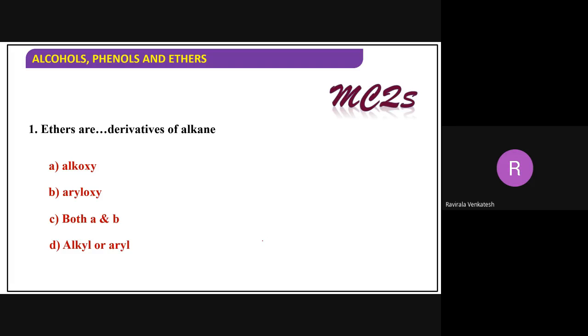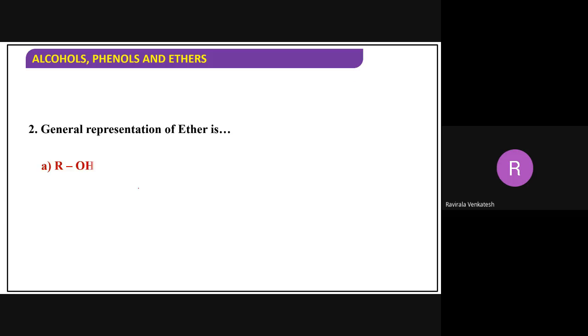When you say the name, what is the option? Ethers are derivatives of alkanes of... Which one is correct, madam? Both A and B. Alkoxy and aryloxy will be the correct answer here. How do you represent ethers?